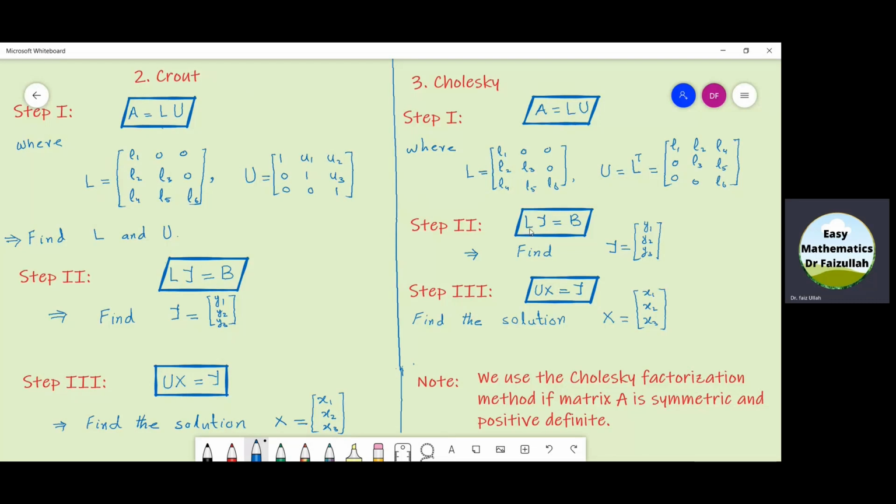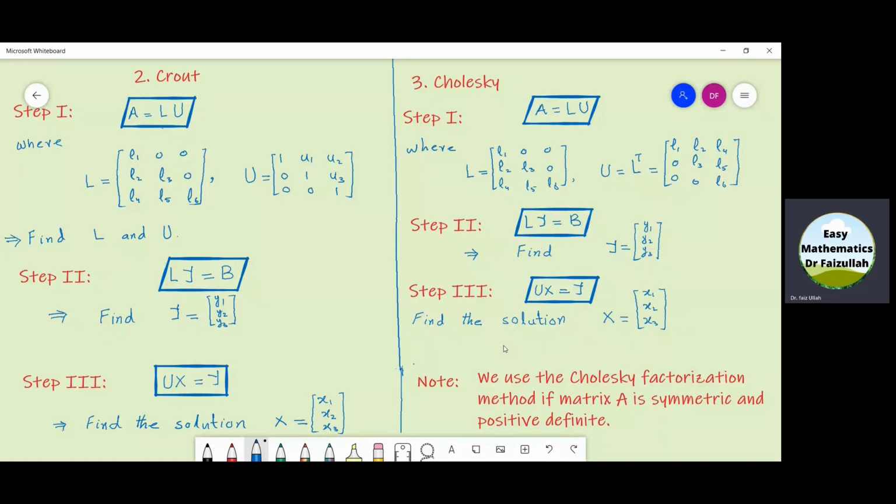step number 2 to solve the equation Ly is equal to B for Y. Once we get the value of Y, we go to the last step, Ux is equal to Y. Solving this equation, we can get the required solution x is equal to x1, x2, x3.